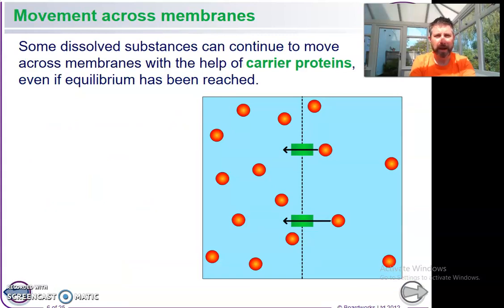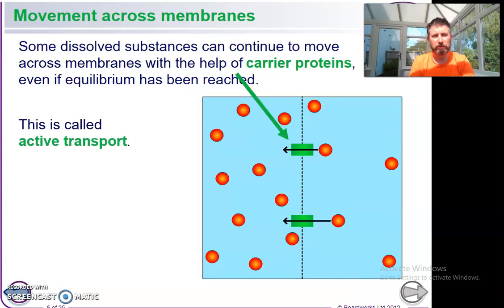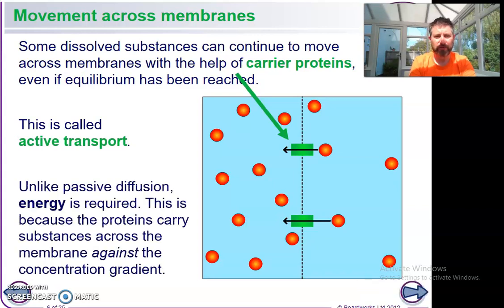Okay. Now, what's active transport? Well, active transport is another one we've looked at. In this case, we're having to move particles from a low concentration to a high concentration. That is against the concentration gradient. Because it's against the concentration gradient, energy is required for it to take place.